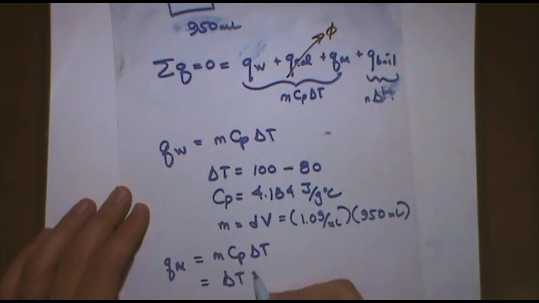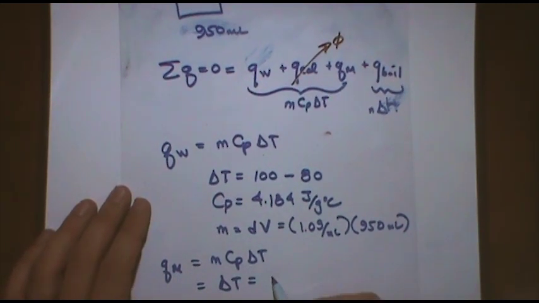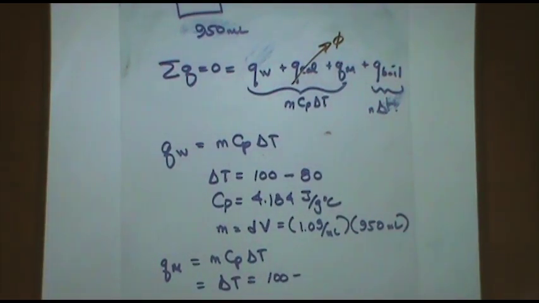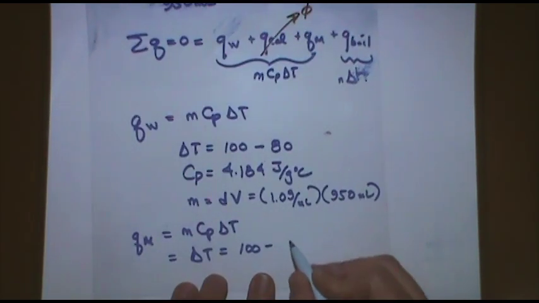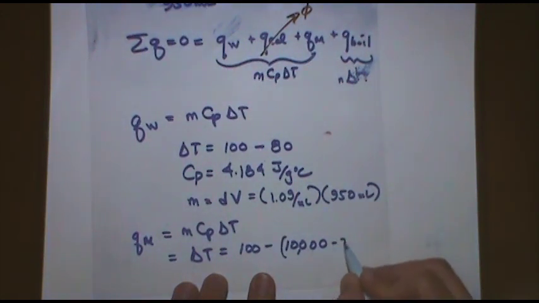Delta T, what's T final? Yeah, 100. It has to cool down to boiling. Initial, what did I say? It was ridiculous, 10,000. Something's kind of weird here though. This is in Kelvin, so I technically should subtract 273 to change it to Celsius.